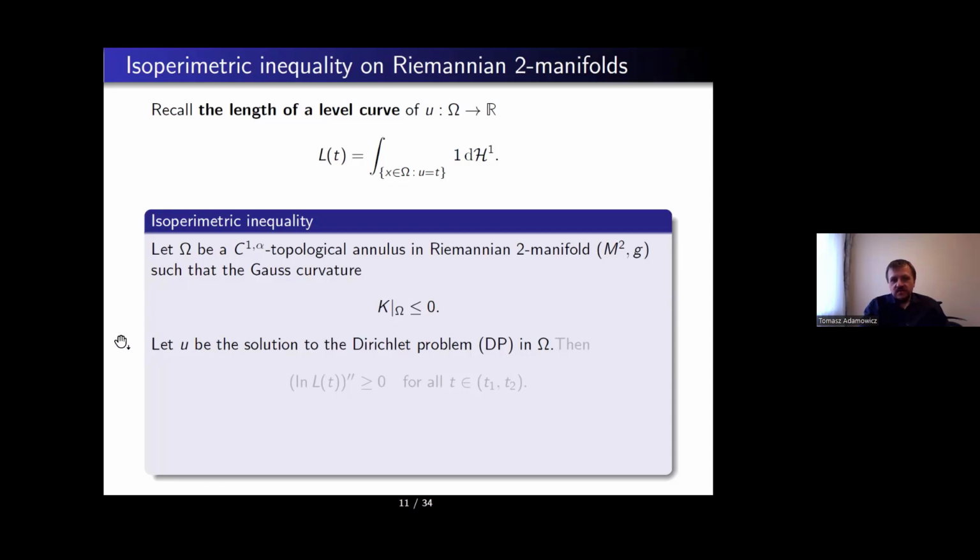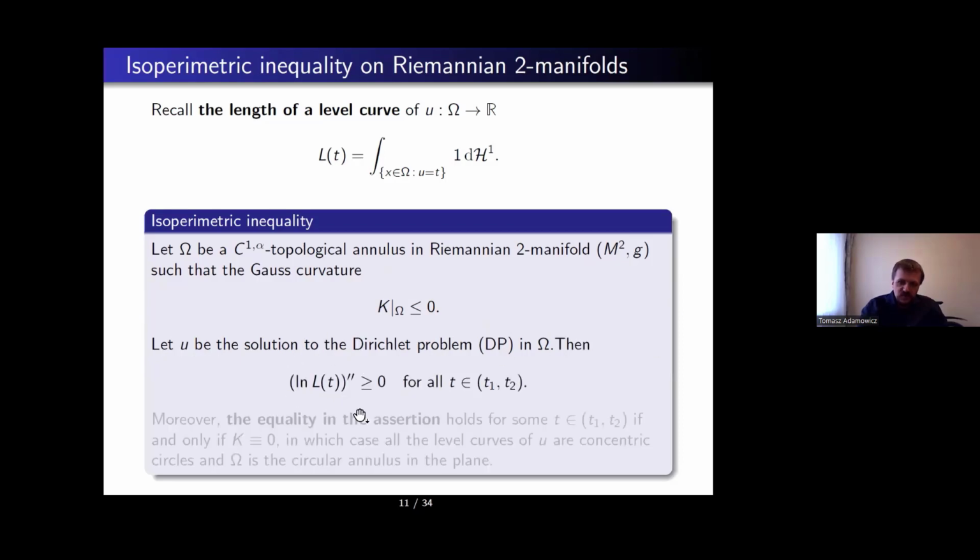If omega is a C^{1,alpha} annulus in manifold M2, such that the Gaussian curvature restricted to this annulus is non-positive, then for a solution to the Dirichlet problem that we just formulated, the following isoperimetric inequality holds for all t between t1 and t2, and equality holds for some t if and only if the Gaussian curvature is identically 0, in which case all level curves of function u are concentric circles, and omega is a circular annulus in the plane.